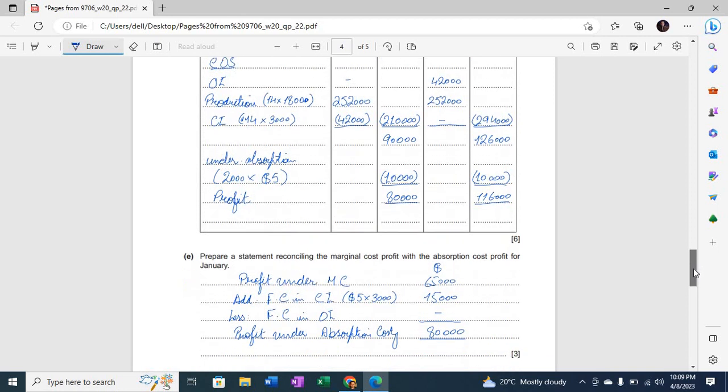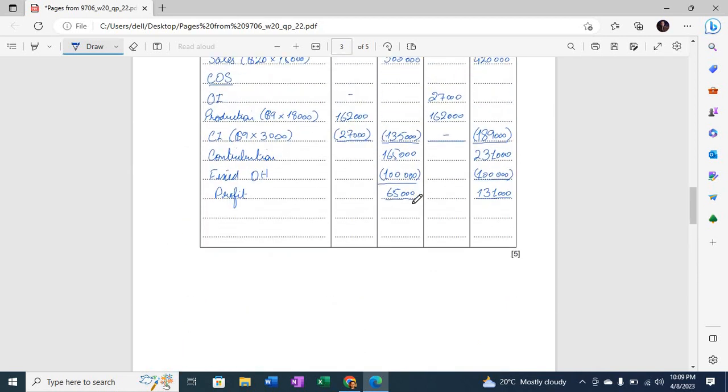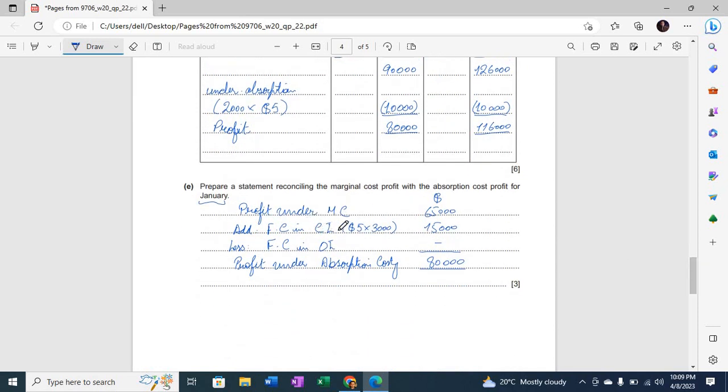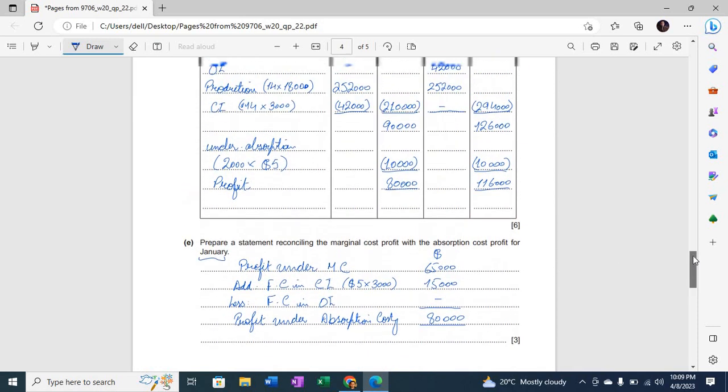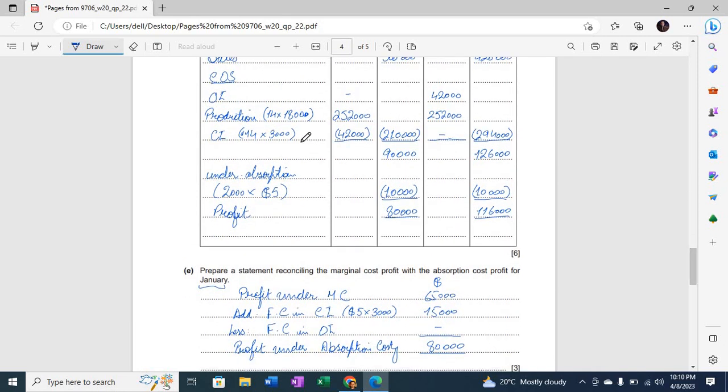The next requirement was reconciliation of profit for January only. The format is profit under marginal costing. In marginal costing, the profit for January was $65,000. We always add fixed cost absorbed in closing inventory. The closing inventory in January was 3,000 units and the fixed cost per unit was 5.